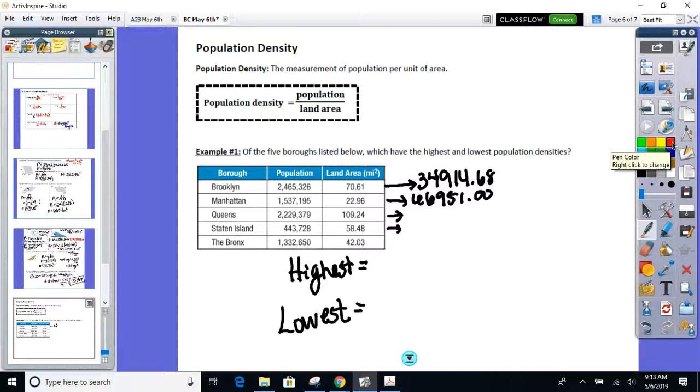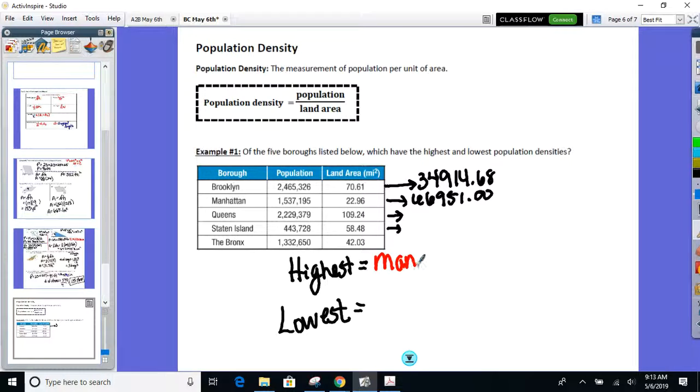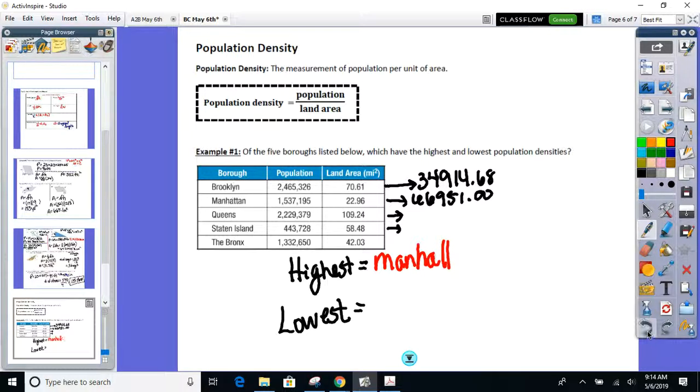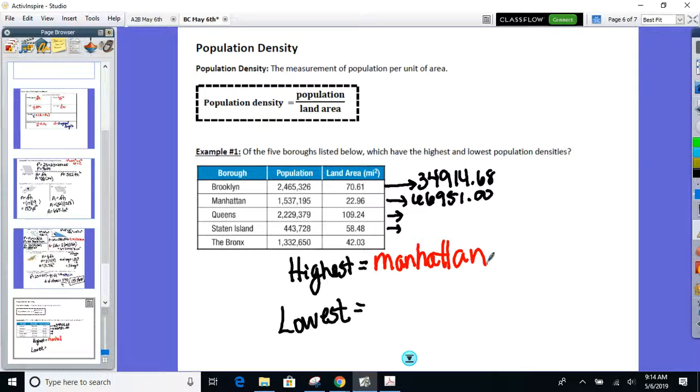What do we find? Who has the highest? Small area, a lot of people. And how about the lowest?